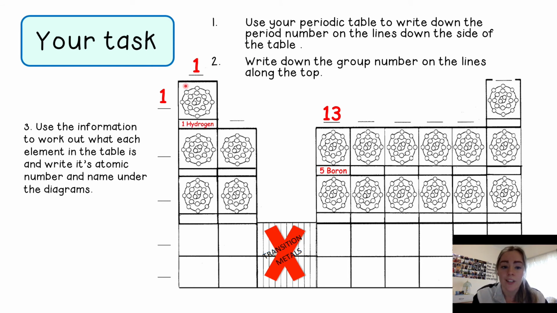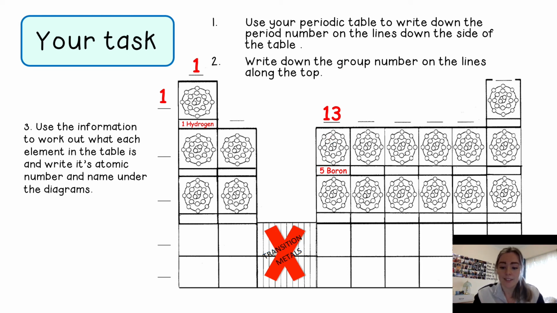We have hydrogen, period 1, group 1, 1 hydrogen. Then this one here I've labelled as element number 5, boron. So that's because it is in the second period, third group. And you can see that on your periodic table that that's boron.